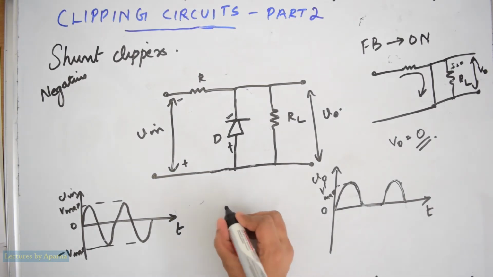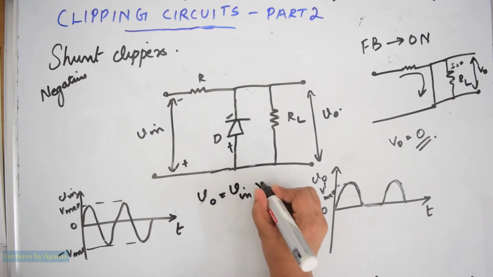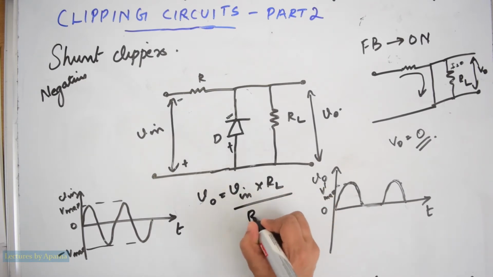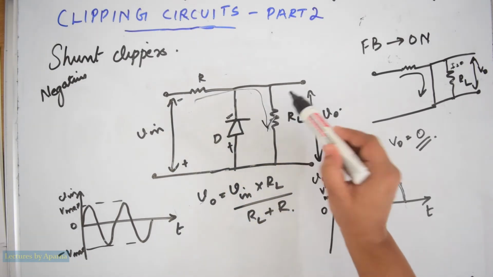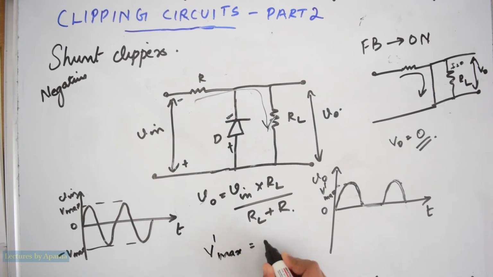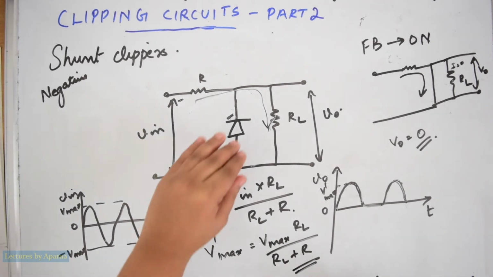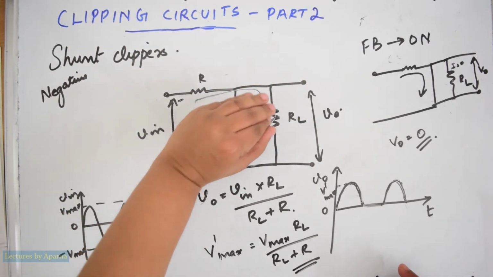So here also the output voltage V0 will be V in into RL by RL plus R. That is when current flows through this path. And the maximum voltage V dash max will be equal to V max into RL by RL plus R. Voltage division rule is being applied here since the voltage gets divided between this R and RL when this diode is off.